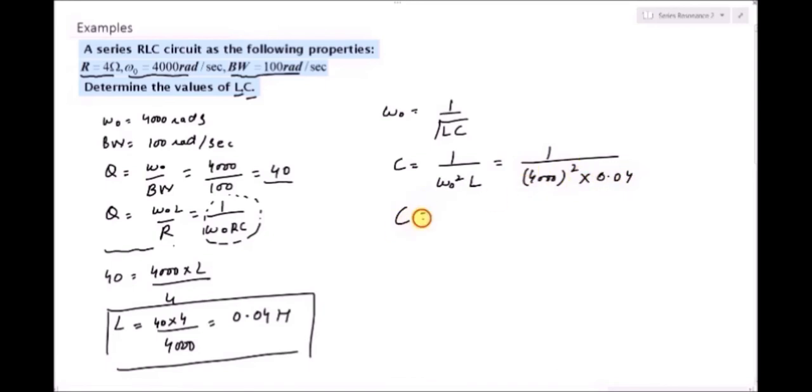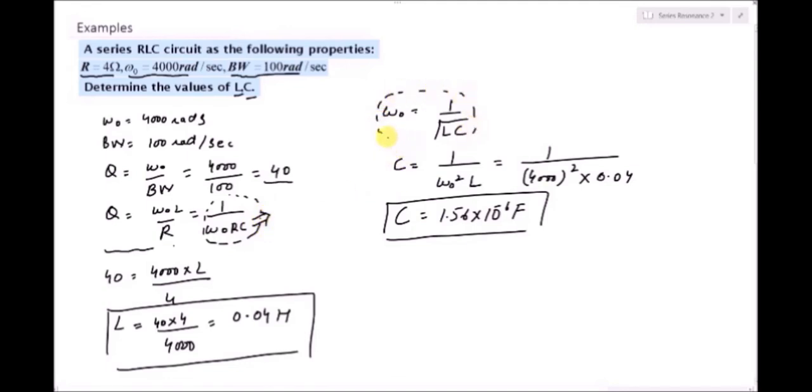The capacitance value is 1.56 into 10 raised to minus 6 farad. So for the capacitance calculation, you can either use the quality factor formula or the resonant frequency formula, omega naught equals 1 over under root LC. The answer from both equations will be the same, and the capacitance value is 1.56 into 10 raised to minus 6 farad.